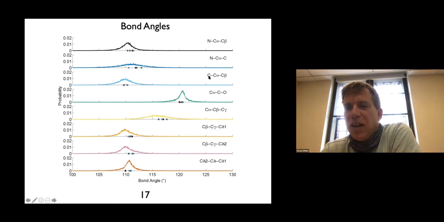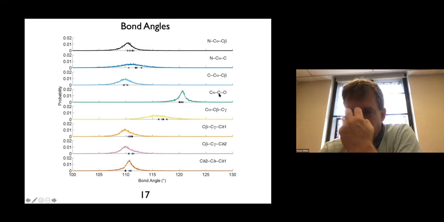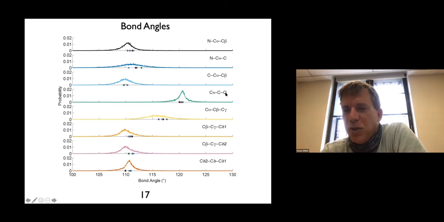This is a carboxyl carbon that's bonded to an alpha carbon on the backbone that's bonded to a side chain beta carbon. So that particular bond angle involves both backbone and side chain carbons. This next one is a fully backbone bond angle: an alpha carbon bonded to a carboxyl carbon, which is then bonded to the oxygen of the carboxyl group.